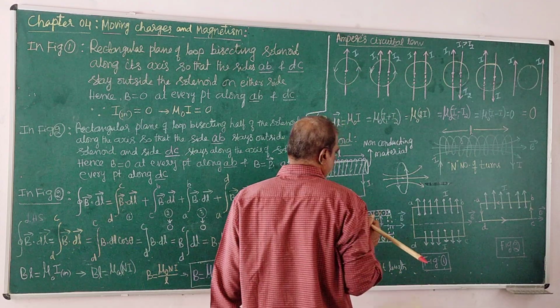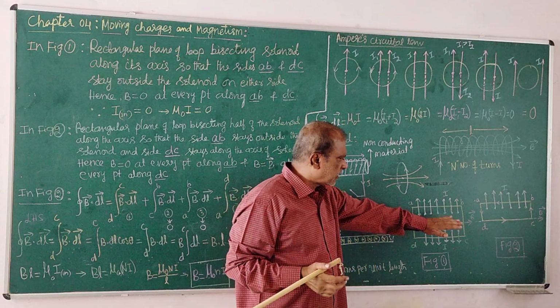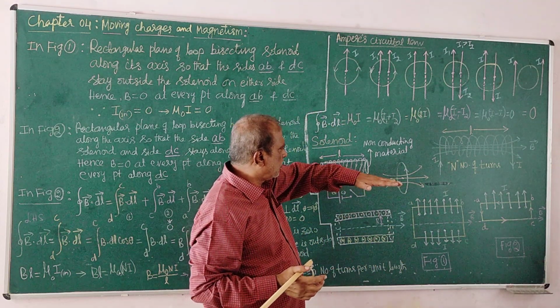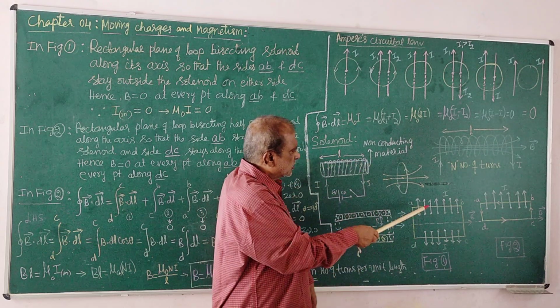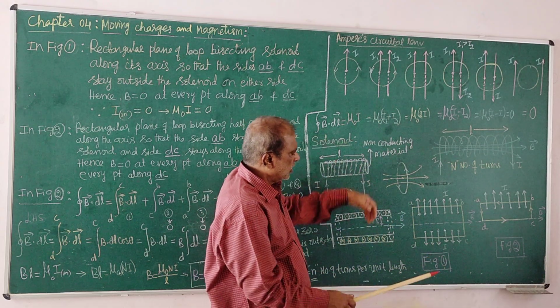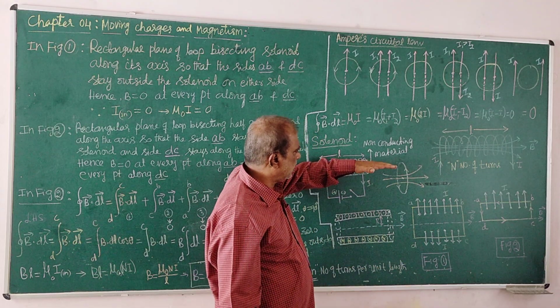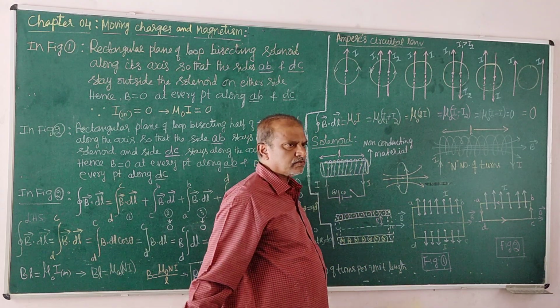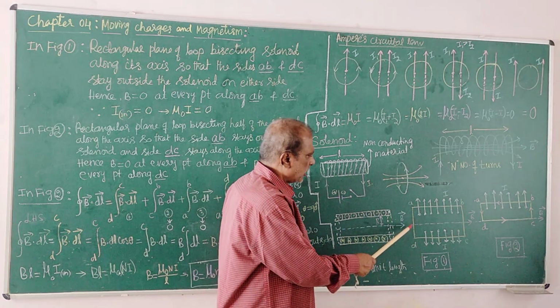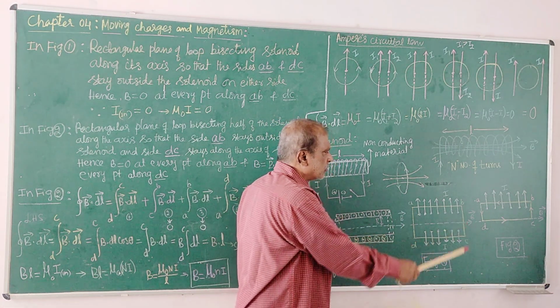So this side stays behind and this side stays in front, away from the surface. This is the axis of the solenoid.